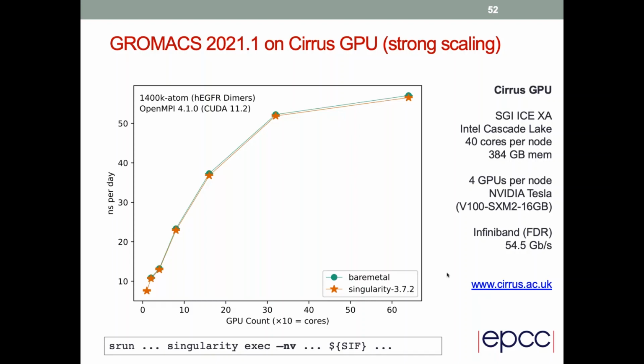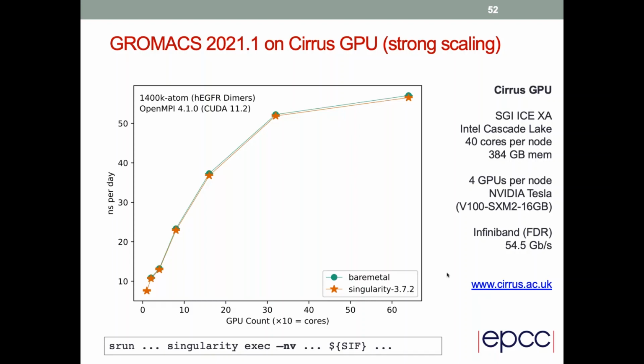So now I'm using a different MPI, one available on Cirrus that was built such that it's CUDA aware. So I'm using CUDA 11.2. You've got the details of the GPU nodes on the right. I scaled out to 64 GPUs.